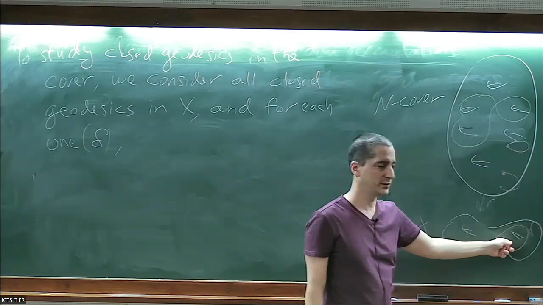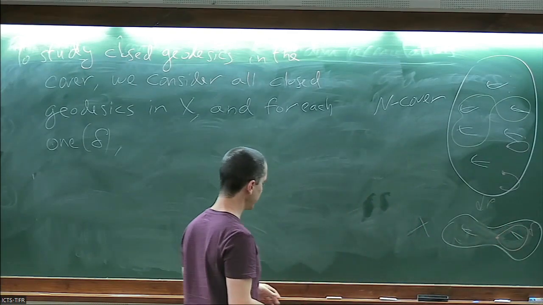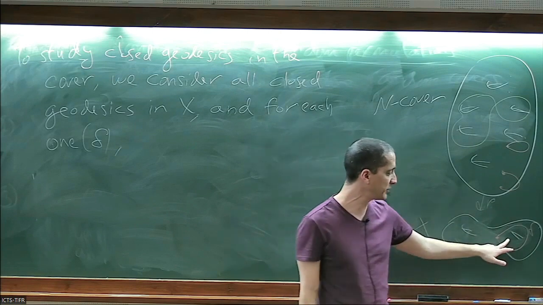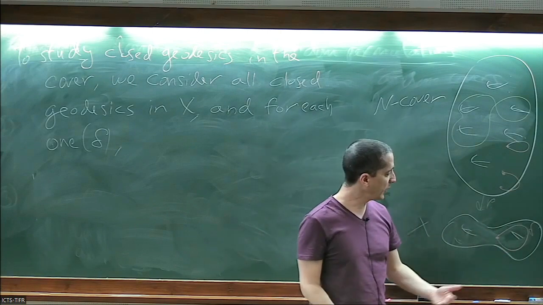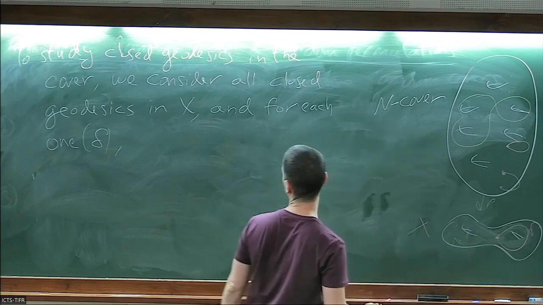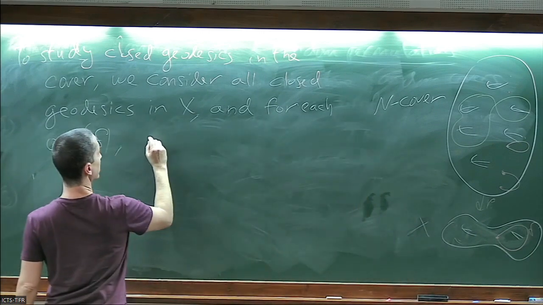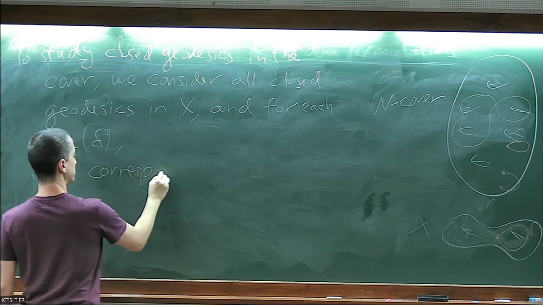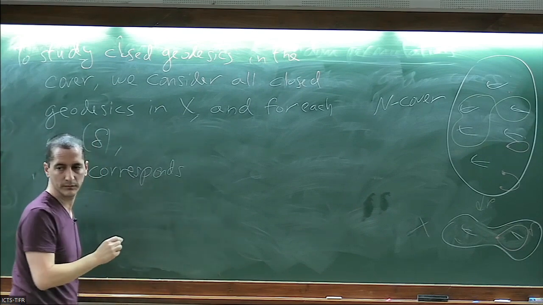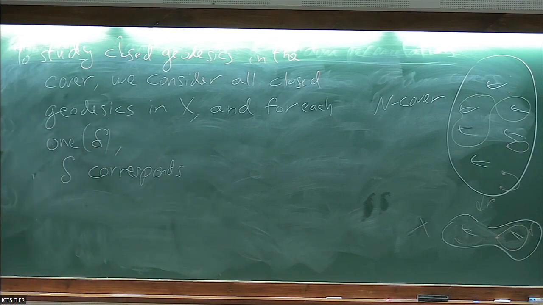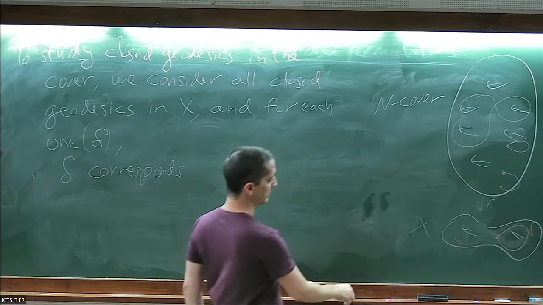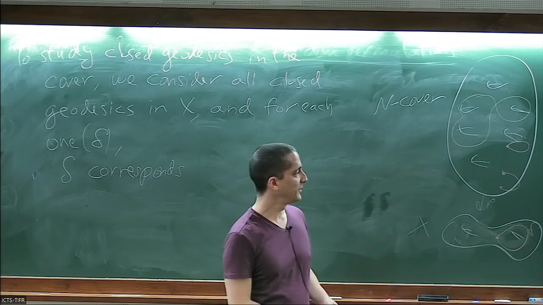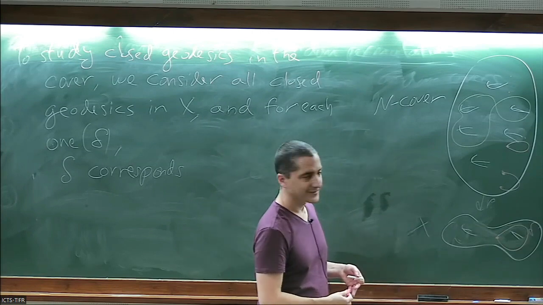Okay, but just notice that delta is not necessarily an element of the fundamental group, but it is a well-defined conjugacy class in the fundamental group. So delta corresponds to a conjugacy class.